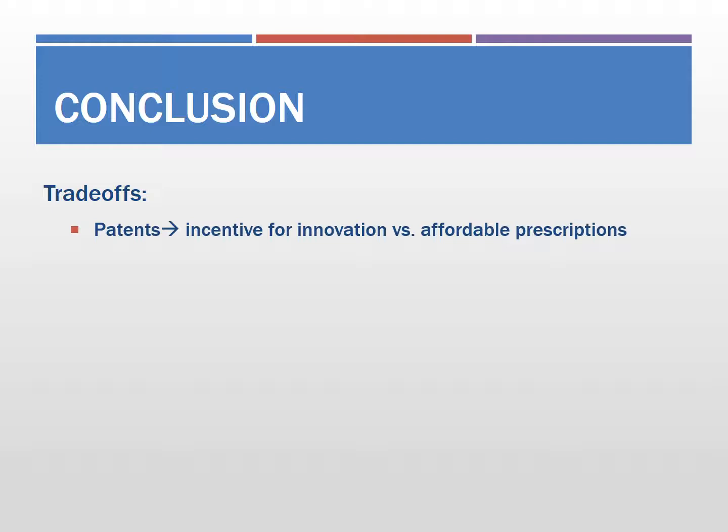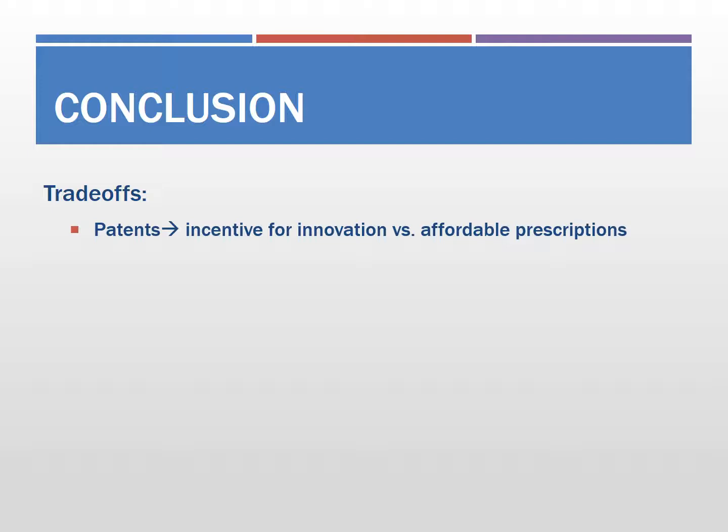Number one, putting patent rules in place to give a company the right to solely sell its products or drugs in the markets provides incentive for increasing the level of innovation. However, the trade-off for having these patents is taking away the affordability of prescription drugs.